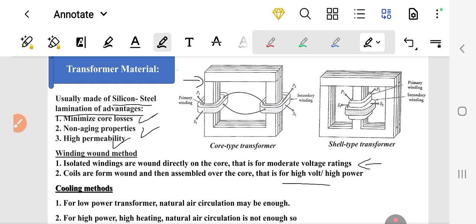For high voltage, high power transformers, the coils are wound around a form made of plastic and then assembled over the core in the part where it will be connected, either for the core type at both legs, right and left legs of the core, or for the shell type at the center leg of the transformer.